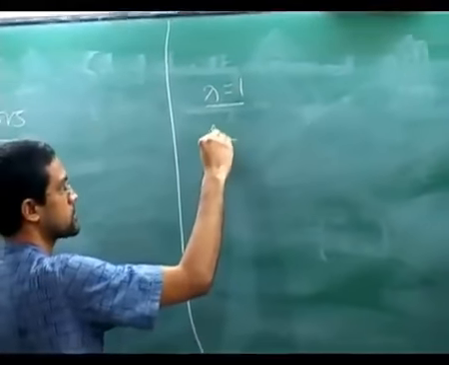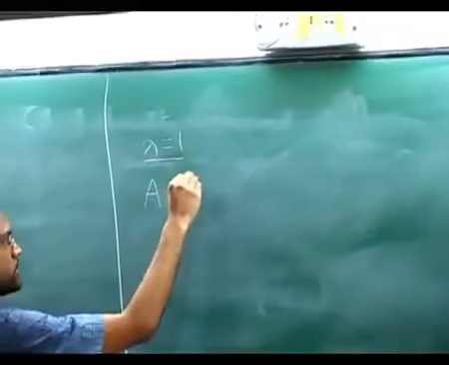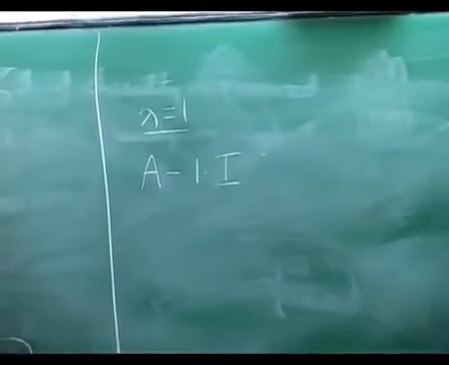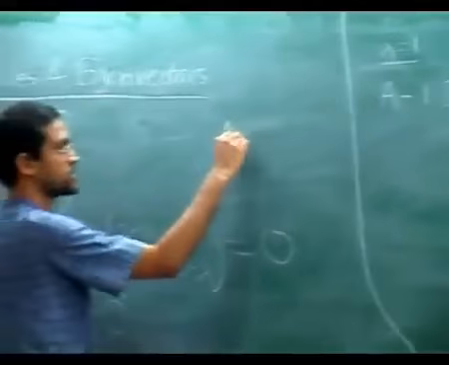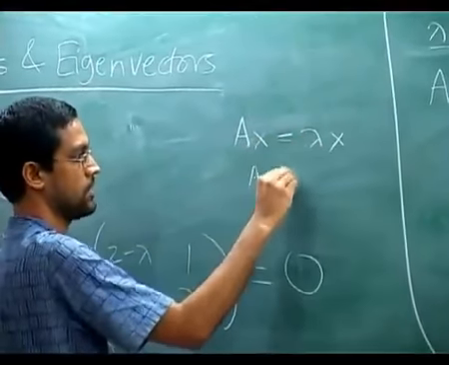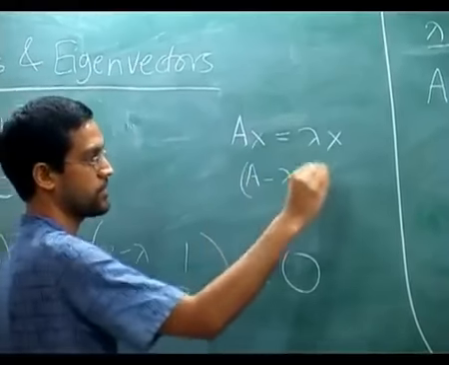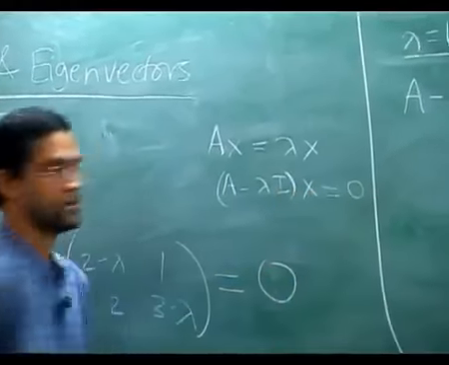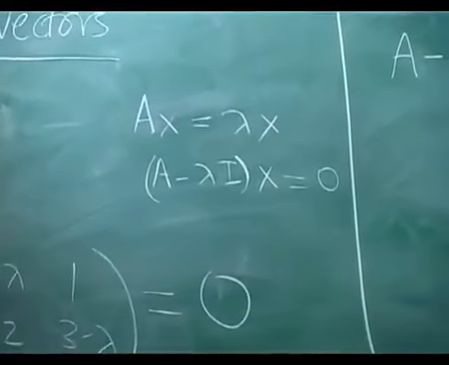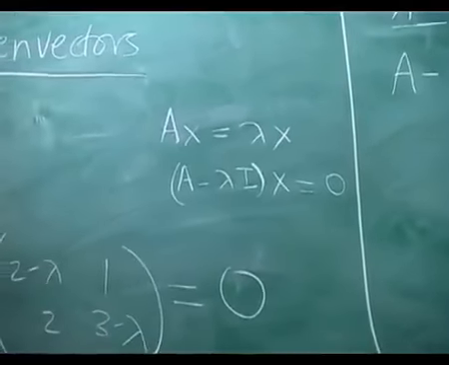We look at A minus lambda times identity. So lambda is 1 times identity, right? So an eigenvector by definition is something which satisfies Ax is lambda x, or in other words A minus lambda times identity should kill that vector x, right? So we are finding vectors which are in the null space of A minus lambda times identity.